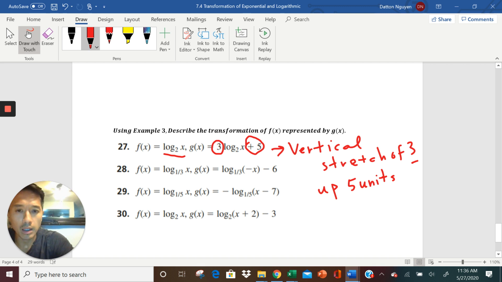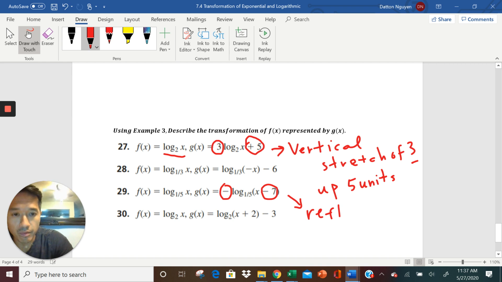Let's take a look at number 29. Now there's a minus sign outside, and now there's an x minus 7. The minus 7 is included inside the parentheses. So what does that mean? For this function, the negative sign outside of log of 1/5 x minus 7 means it is flipped over the y-axis, or a reflection.